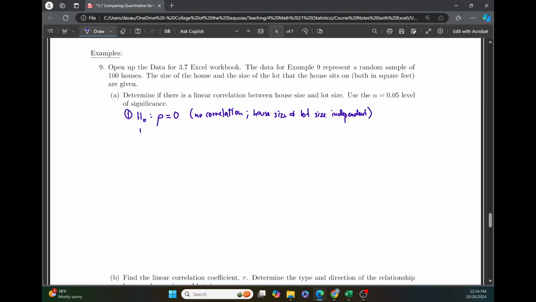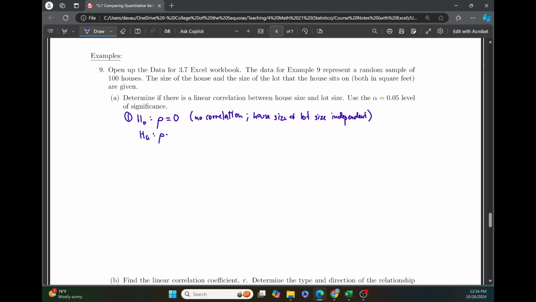And the alternative, that rho does not equal 0, there is a correlation: house size and lot size are dependent. Let's say your lot size depends on how big your house is, something like that. You don't have to write the hypotheses out both ways, but that's how we would write them in terms of independence. Now we want to get the correlation coefficient.